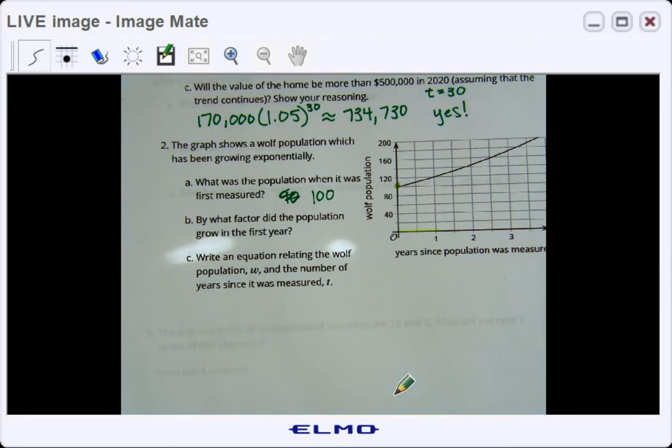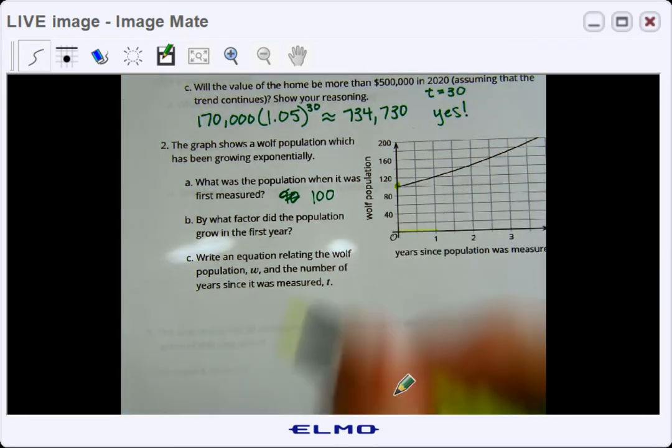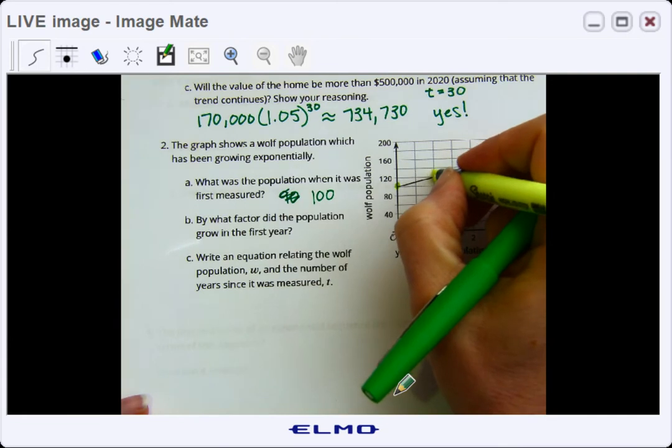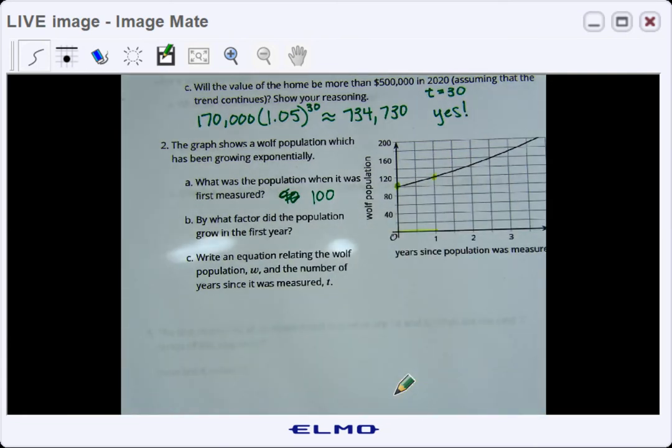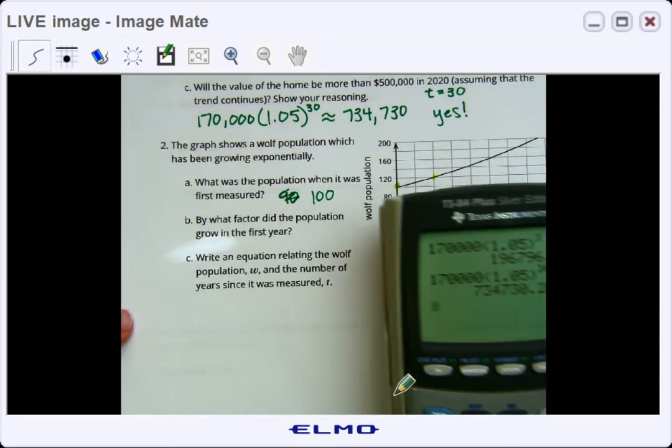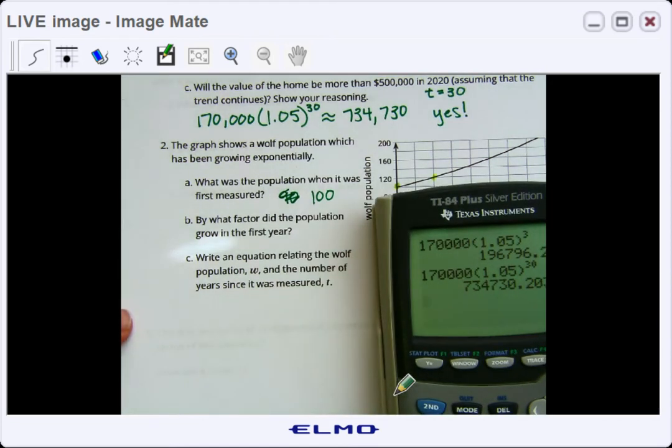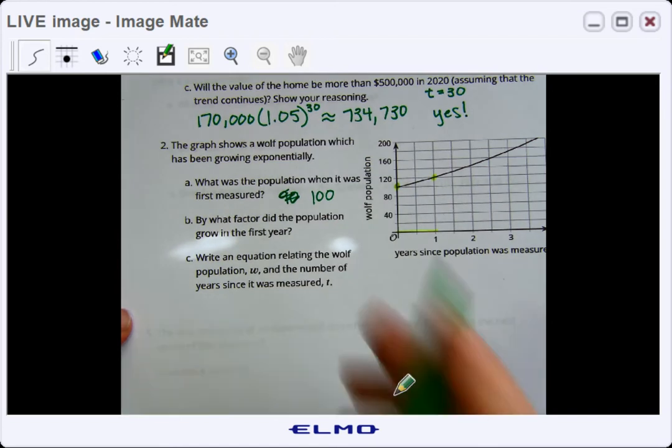And so here is the population after 1 year, and it's at 120. So by what factor did the population grow? I'm going to divide 120 by 100, and I get 1.2.